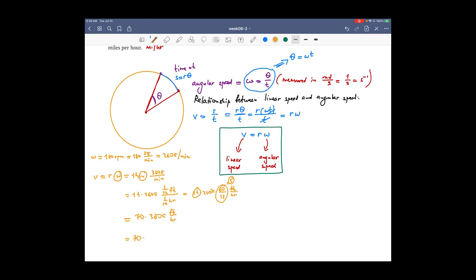And there are 5,280 feet in every mile, so every foot is 1 over 5,280 miles. When you do the algebra here, I believe you get roughly 15 miles per hour. The units here stay.